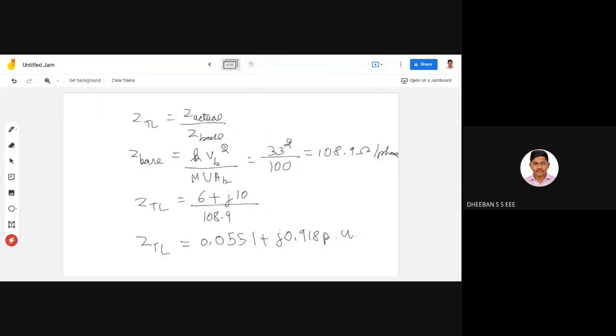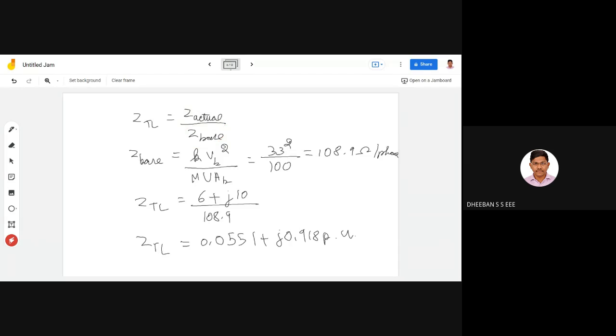Next, the transmission line reactance after that jump is given by Z actual divided by Z base. Z actual is the value already given in the question, so you have to consider the Z base.